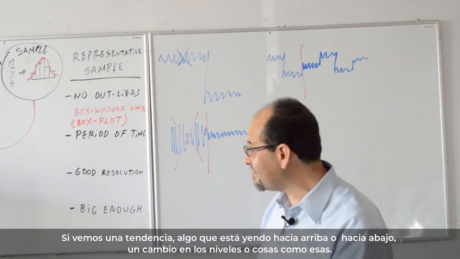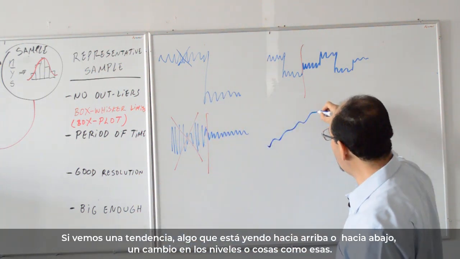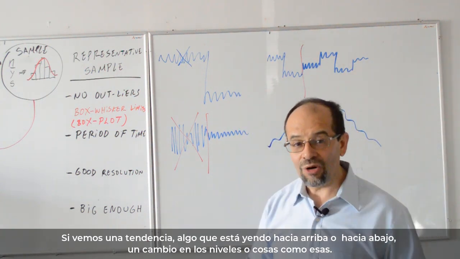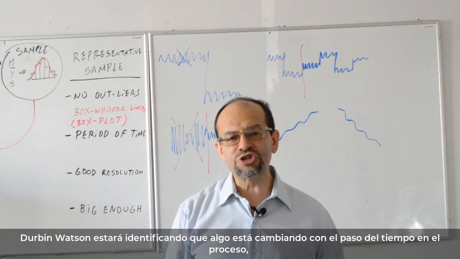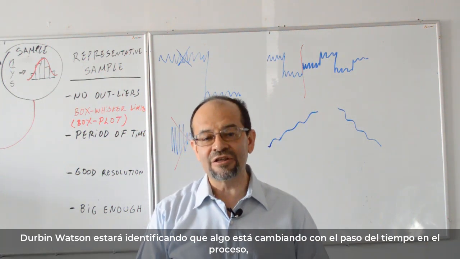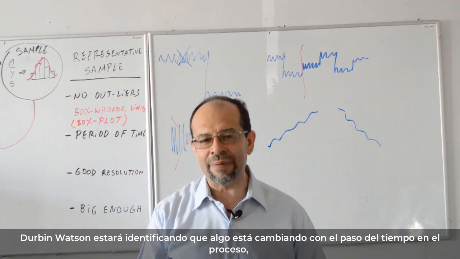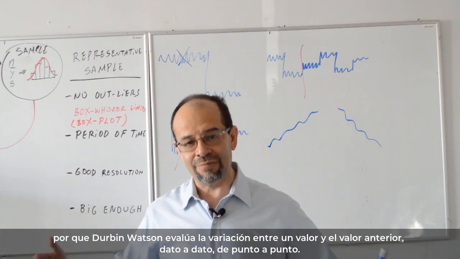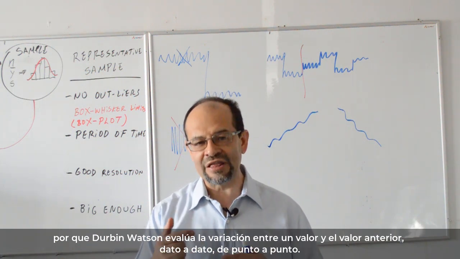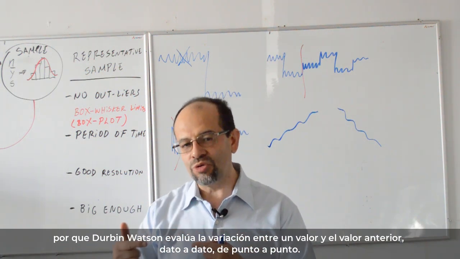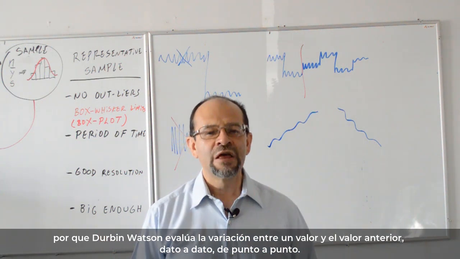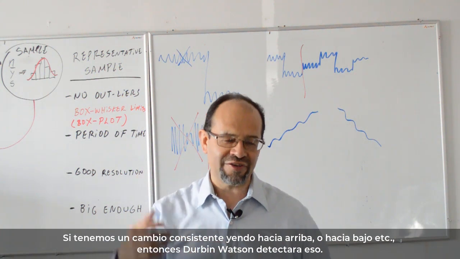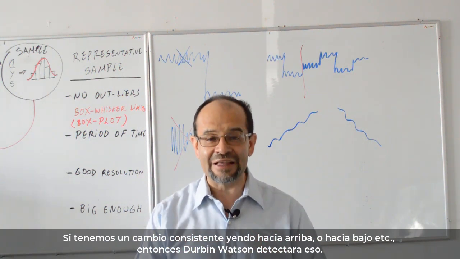If we see a trend, something going up or something going down, a change of level or things like that, Durbin-Watson will identify that something is happening in the process, that something is changing over time, because Durbin-Watson is evaluating the variation value to value, data to data, one-to-one point. And if we have a consistent change going down, going up, etc., then Durbin-Watson will detect that.